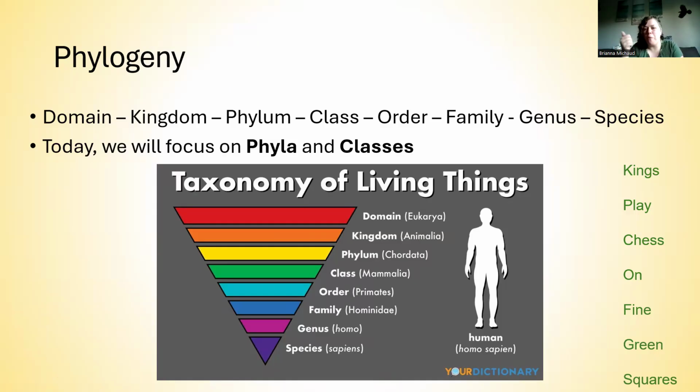And then we have all bacteria in a domain and all archaea in a domain. Then we have kingdoms, things like plantae, animalia, fungi. But today we're mostly going to be talking about phyla, which is the plural of phylum, and classes. Those are the two main groups we're going to be talking about today.